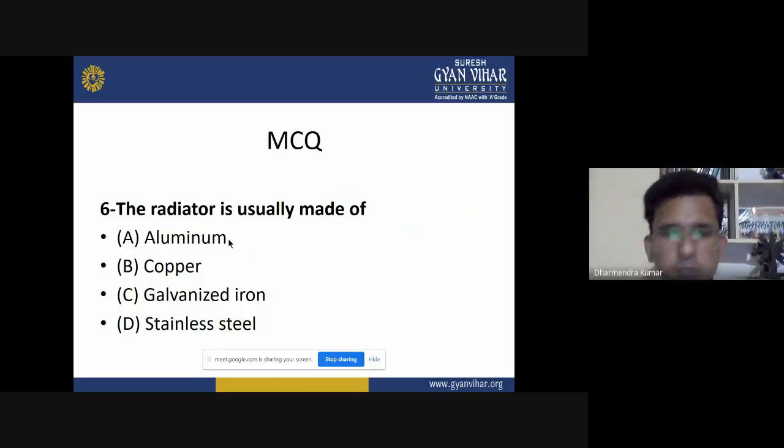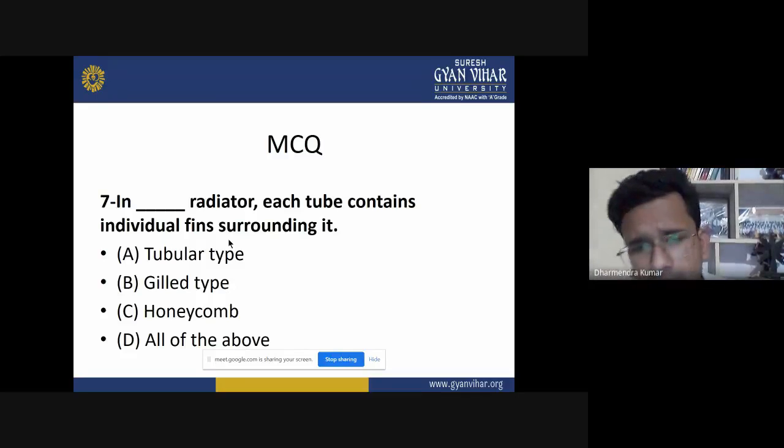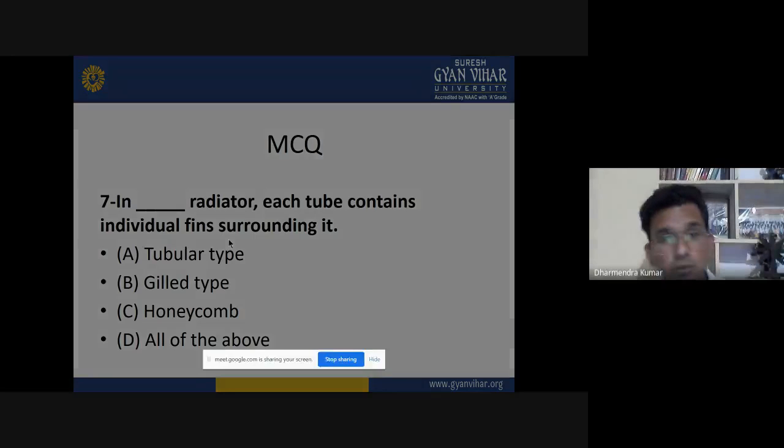Then our answer is B. Now the seventh one is: in a radiator, each tube contains individual fins surrounding it. In the diagram of the radiators, we have seen that only gill type fins are associated with the radiator, which ensure the maximum amount of heat dissipates into the water, air.